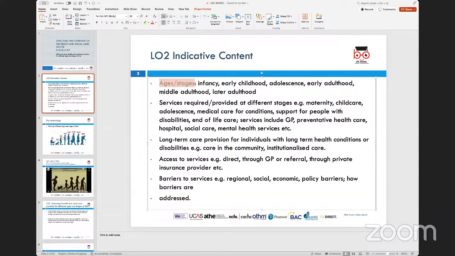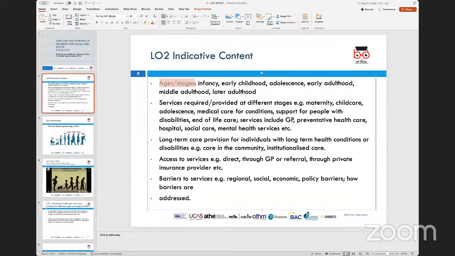For example, I'm in my mid 40s and I don't need much support as of now, but as I begin to grow old, because of age, I might develop certain illnesses or conditions which might need support. And in such cases, what I'm interested in finding out as an individual is how my surgery, my local GP, my pharmacy, the hospitals and the A&E would support me when I do need that service. So that is the key critical part of it.